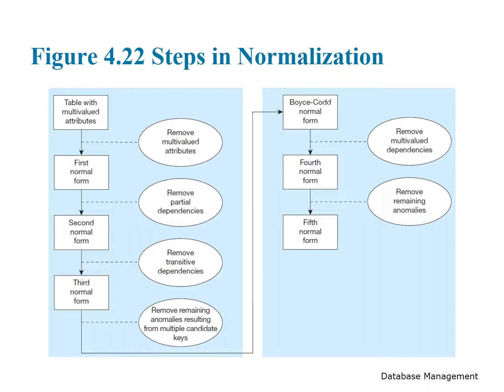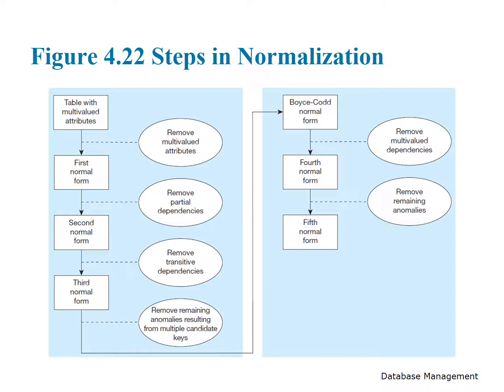Second normal form: any partial functional dependency has been removed. Example, non-key attributes are identified by the whole primary key. Third normal form: any transitive dependencies have been removed. Example, non-key attributes are identified by only the primary key.